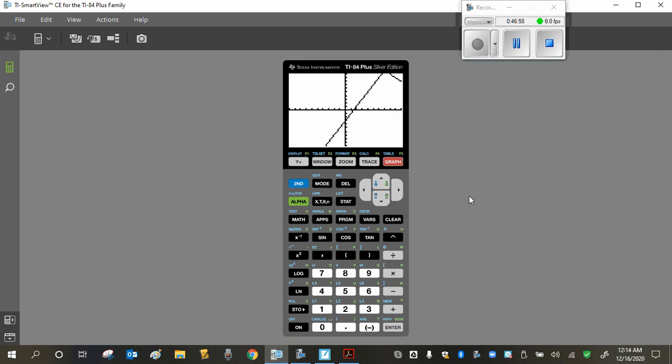Okay, here's something to note. If your intersection point is just off the screen, usually your calculator will give it to you. Sometimes it doesn't, just depends how far off the screen it is. So we're going to try this one and see if it works. Second, calculate, intersect, enter, enter, enter.